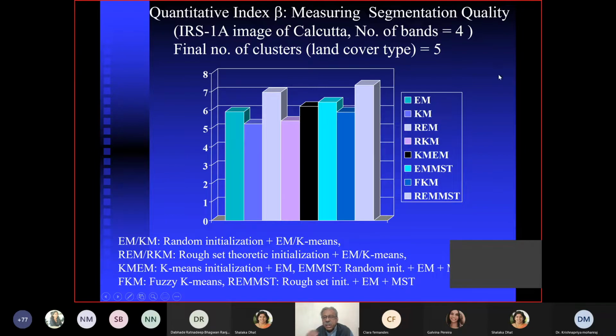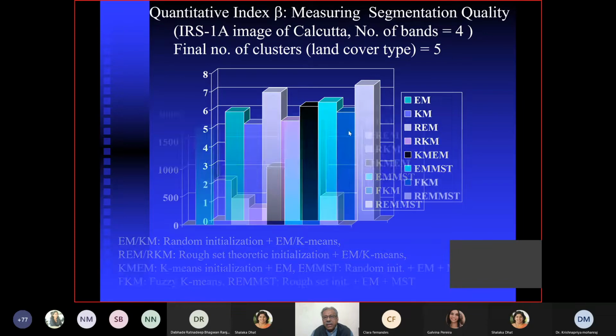For all these permutations and combinations, we compute the beta value, with the number of bands being 4 and the final number of clusters we found being 5. So C equals 5. Here you see the improvement of EM by rough EM, and the improvement of KM. So the beta index improved from here to here, here to here, and here to here.